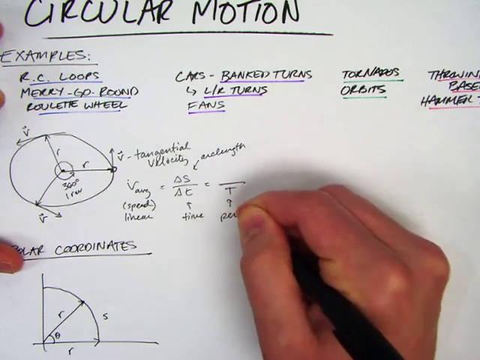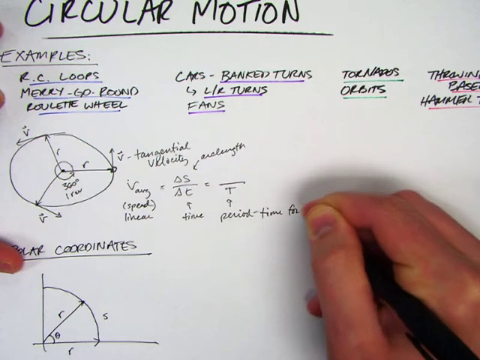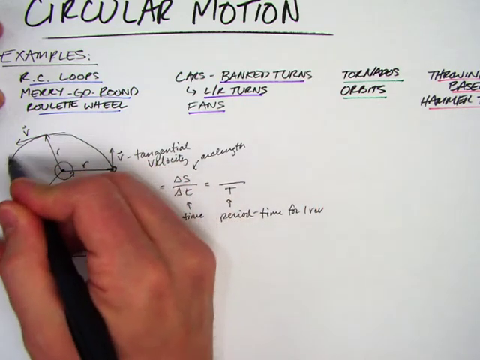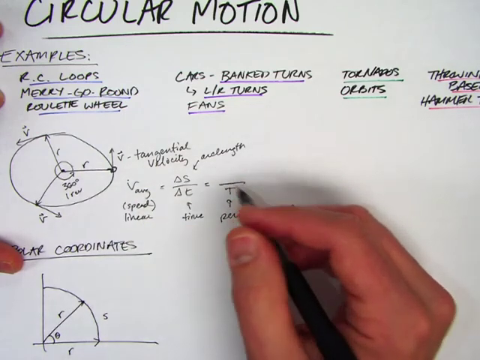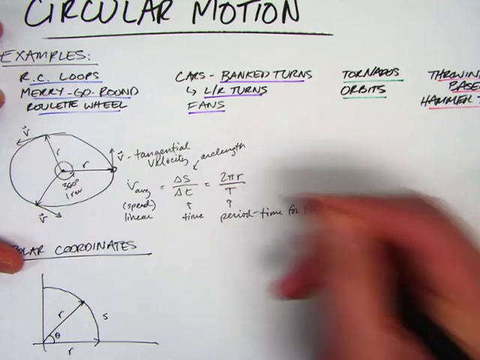So the period is the time for one full revolution. And the distance, the arc length that's traveled in one period is just one circumference, which is pi times diameter, or since we often deal with radius, 2 pi times the radius.